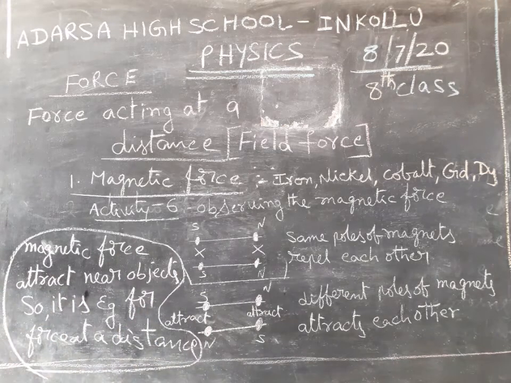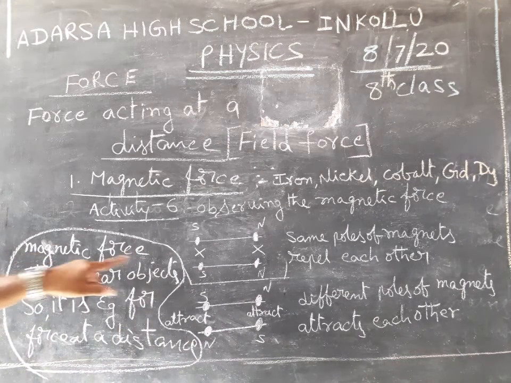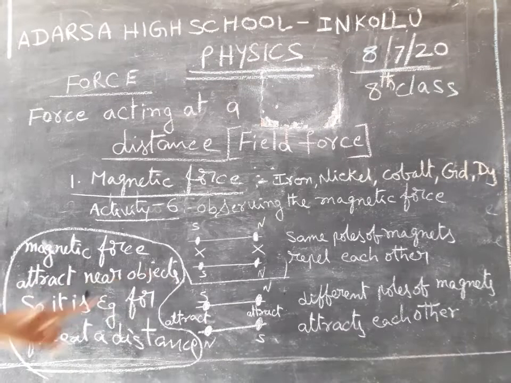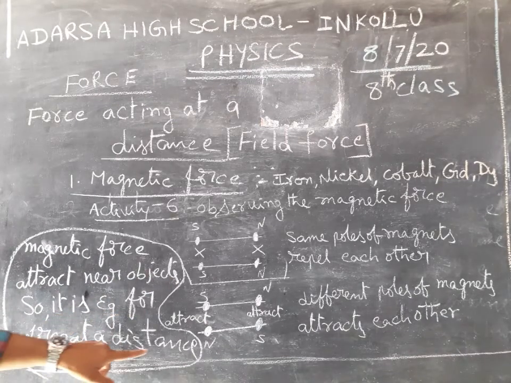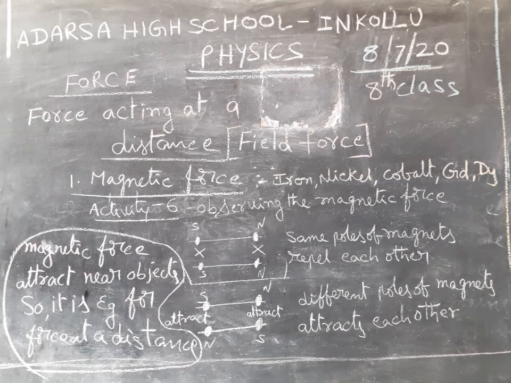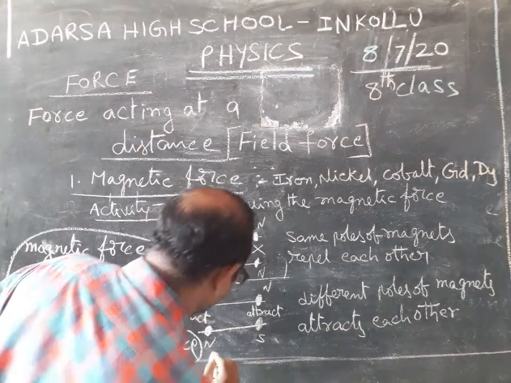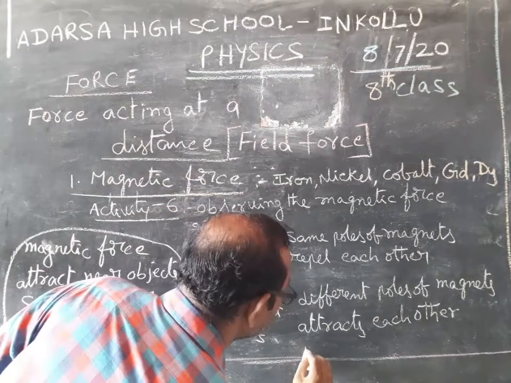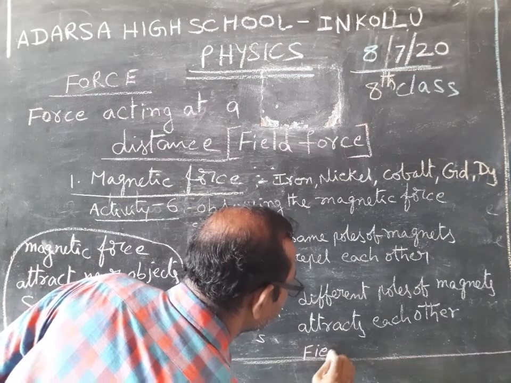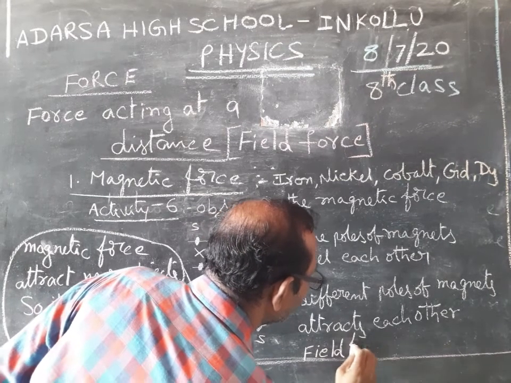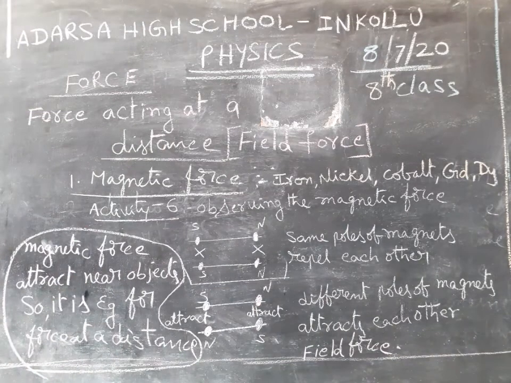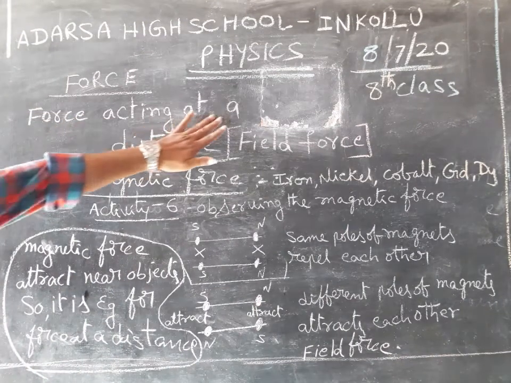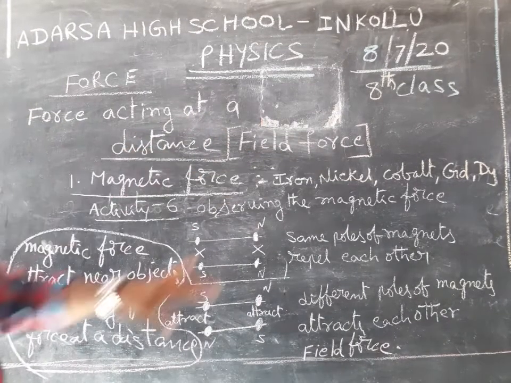Force at a distance, which is magnetic force attracting nearer objects. So it is an example for the force at a distance or field force. What is this one? Force acting at a distance or field force.